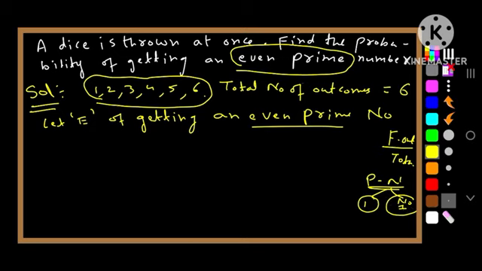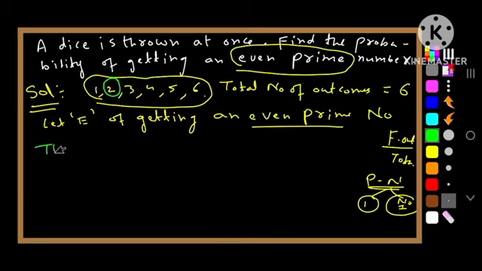So out of these 6 numbers, 2 is the even prime number, 4 is a composite number, and 6 is also a composite number. So you have only one even prime number.